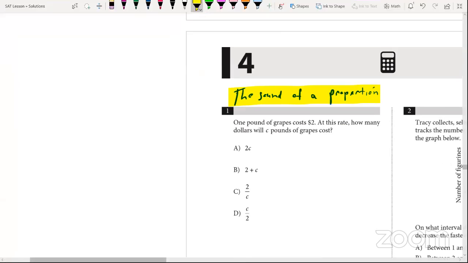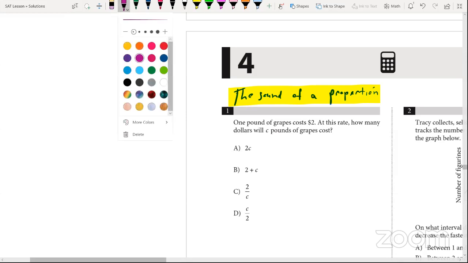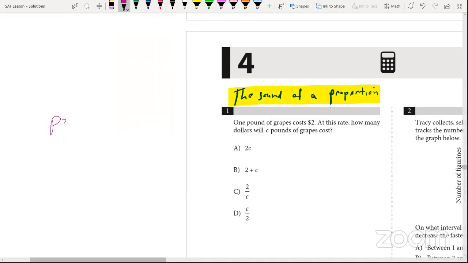And notice that in order to do that, I had to kind of rearrange the way it was being said. If it was exactly set up as a proportion in the original question, that would almost be too easy. But if you need a little help with this, you can actually write out the units, pounds and dollars, and maybe even write before and after.